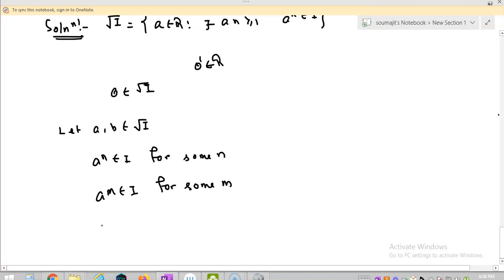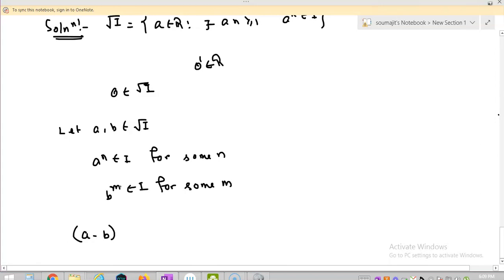A minus b belongs to root I if (a minus b) to the power something belongs to I. Okay.